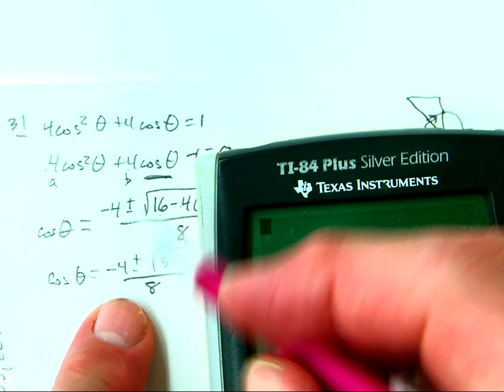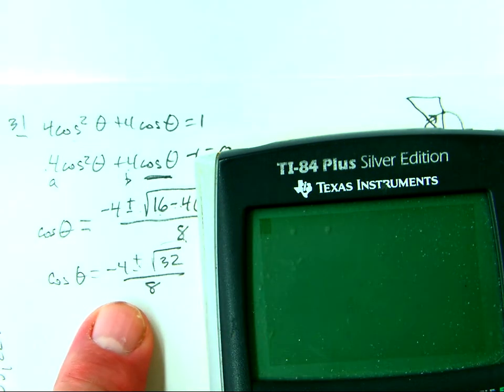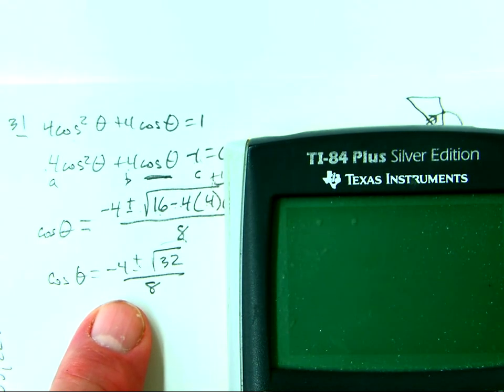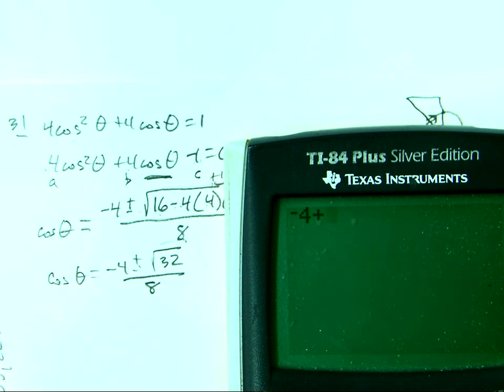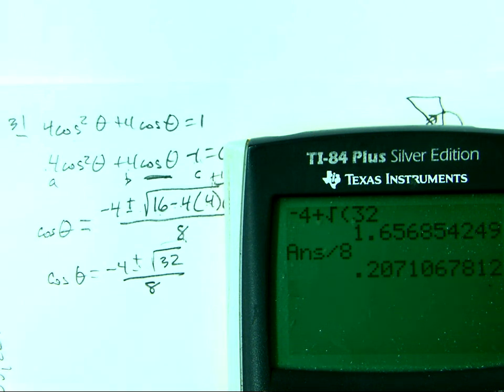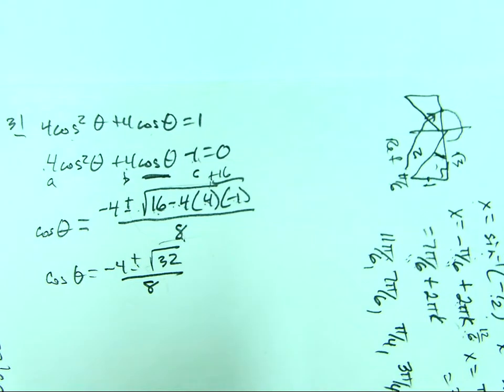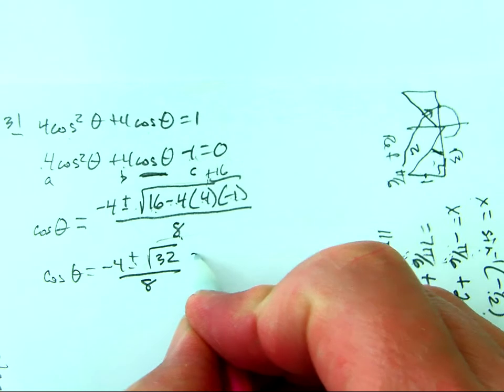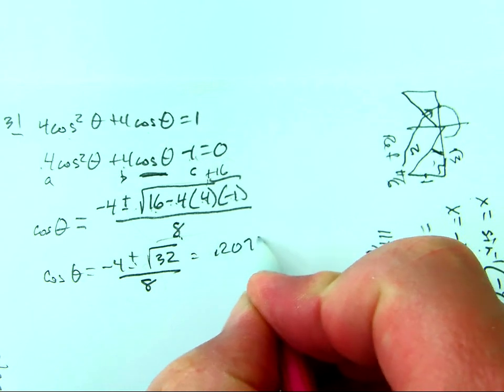So there's two of them because of that plus or minus in front. So first let's do the positive one. Negative 4 plus the square root of 32 divided by 8. I get 0.2071.